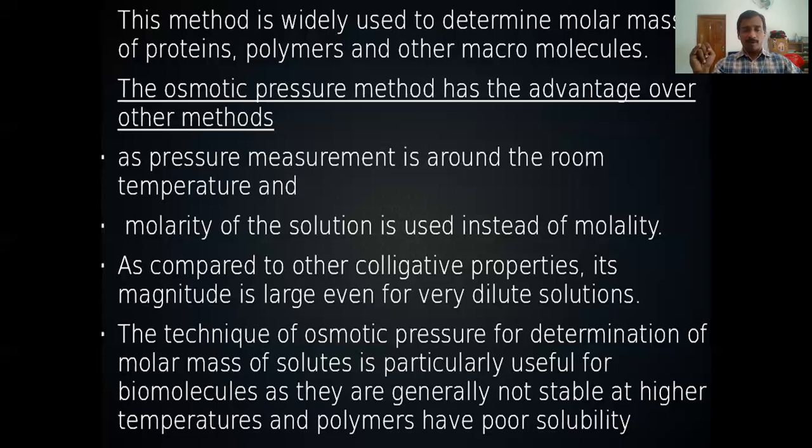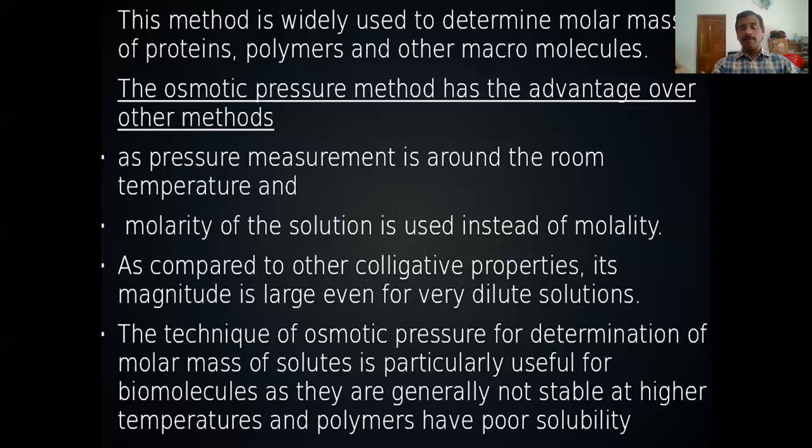And the fourth one, the technique of osmotic pressure for determination of molar mass of solutes is particularly useful for biomolecules, as they are generally not stable at high temperatures, and polymers have poor solubility.